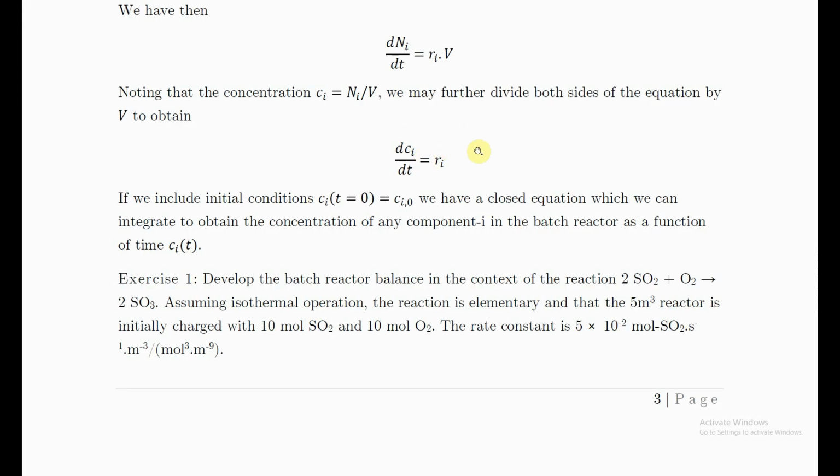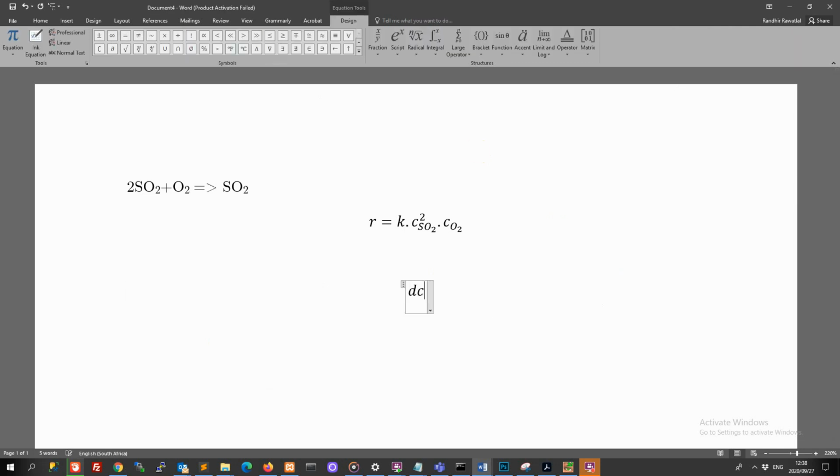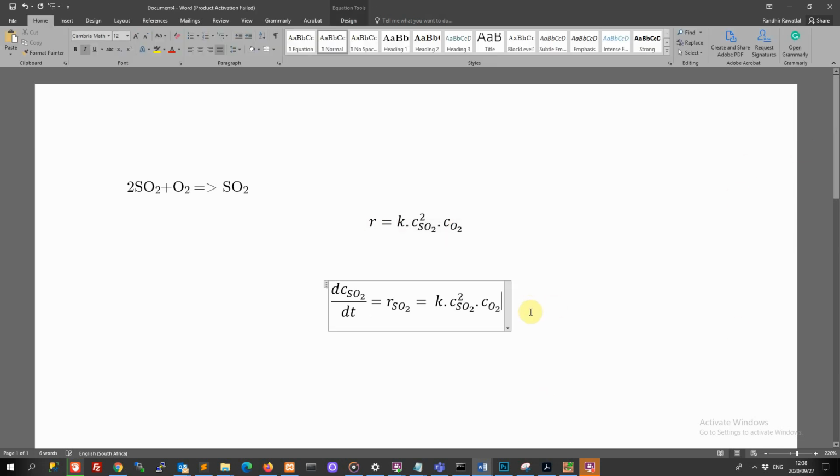And so, for example, if we are writing the balance on SO2, then we would write dC_SO2/dt equals R_SO2, and that's going to be K C_SO2 squared C_O2.